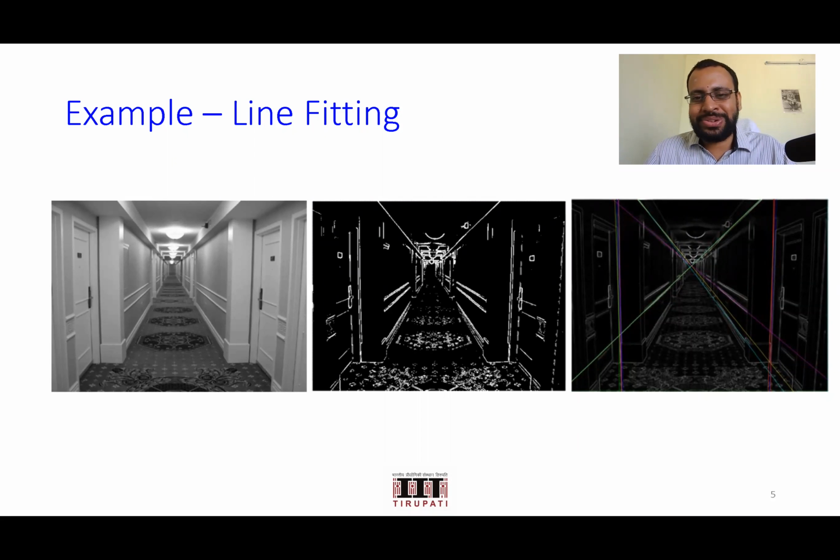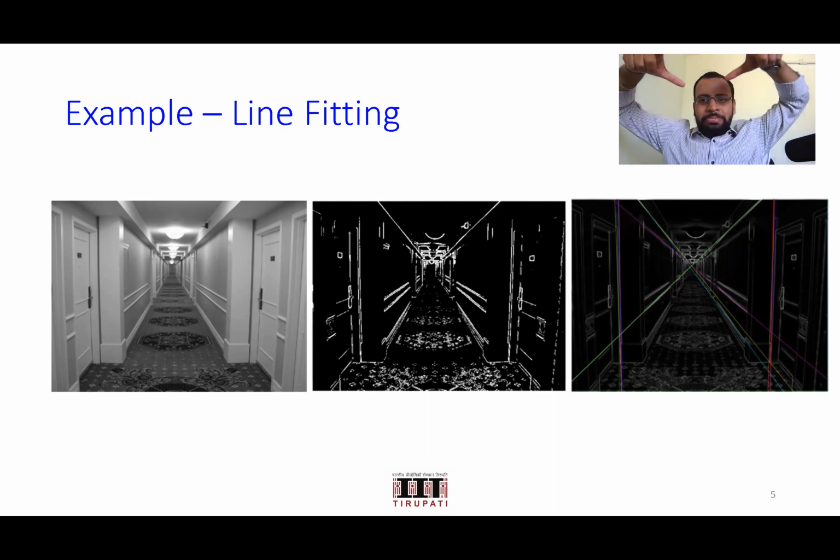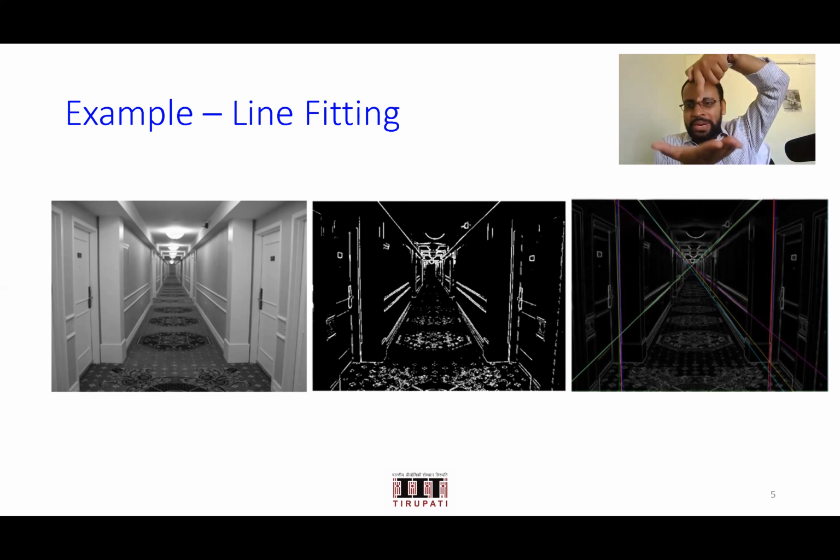That's not always true. For example, the railway tracks. Suppose these are the two railway tracks and my camera is not perpendicular to them, then they would meet. Suppose I kept my camera on top of the railway tracks, so the optical axis is now perpendicular to the railway tracks.